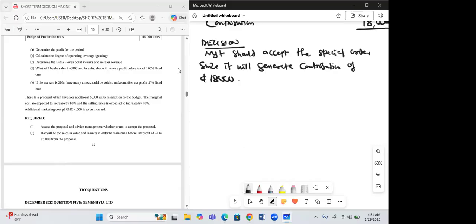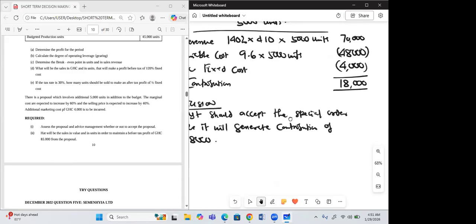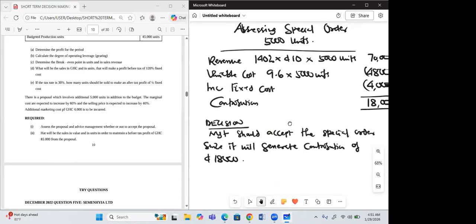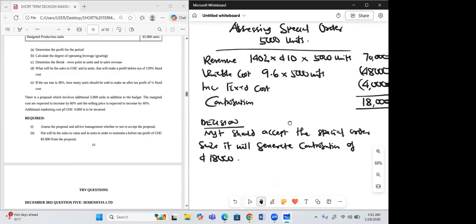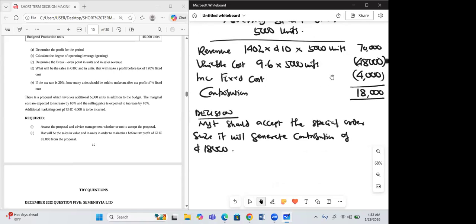I'm with you. So when you compare the revenue from the order, they said the selling price will increase by 40%. So that will be 140% of the old selling price times the number of units, 5,000, giving 70,000. Then the relevant cost there will be the variable cost. So the new variable cost is 9.6.